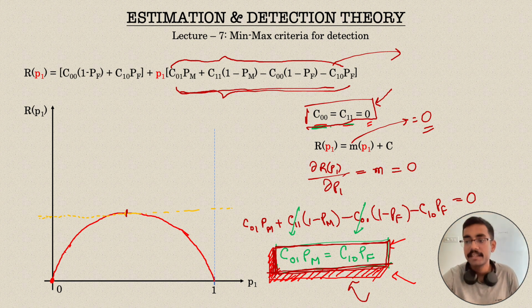In the next lecture, we shall take this concept further with a problem, and then get into a very important concept, the receiver operating characteristics, the ROC curve. The ROC curve is a very important concept in the field of machine learning also.